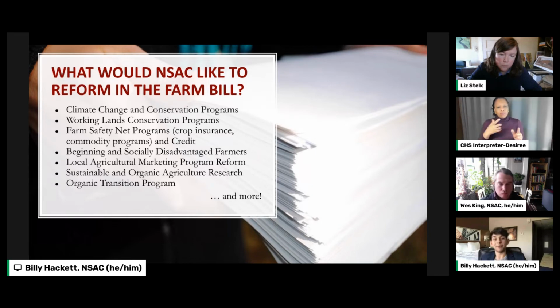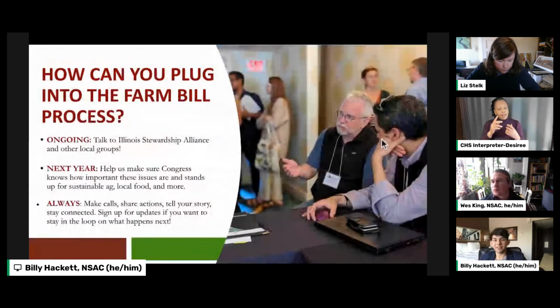We want to see reforms for beginning and socially disadvantaged farmers to meet needs on the ground. We're looking at how local agricultural marketing programs can be reformed, and other local food system programs. We're looking at sustainable and organic agriculture research and trying to get more support for those initiatives, as well as organic transition programs and other barriers organic producers face, and many more priorities.